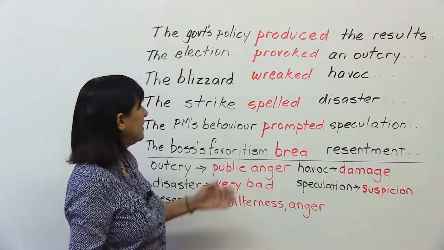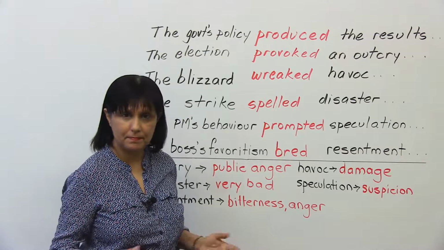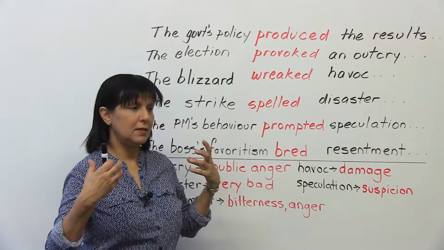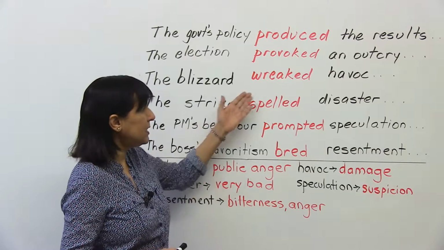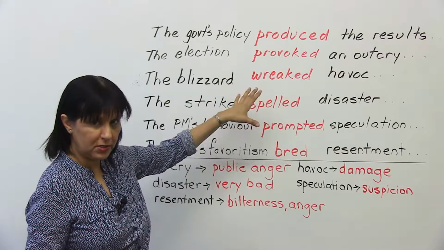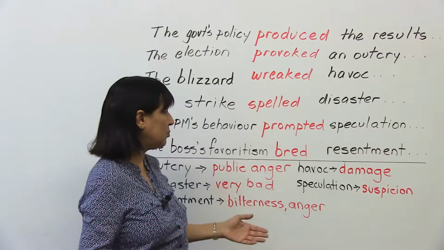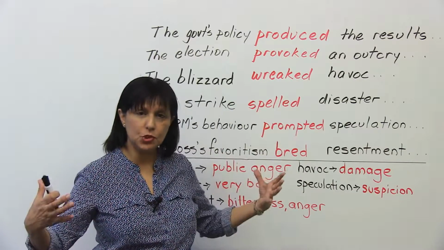Next. The blizzard wreaked havoc on the highway. All right? Now, what's a blizzard? A blizzard is a very heavy snowstorm, for example. So the blizzard wreaked havoc. Wreaked, we said. All these words mean caused. It's another word for caused. And havoc, what is havoc? Havoc means damage, destruction, confusion.